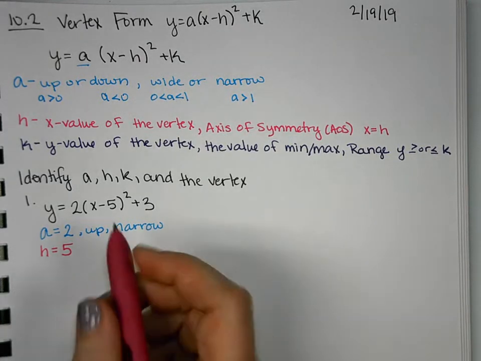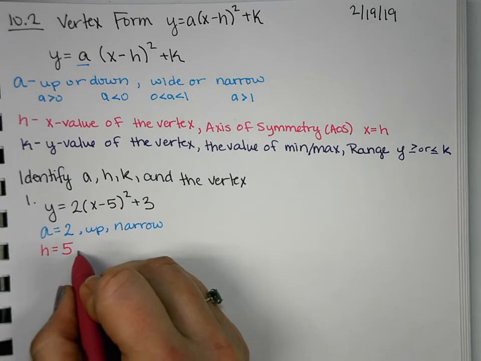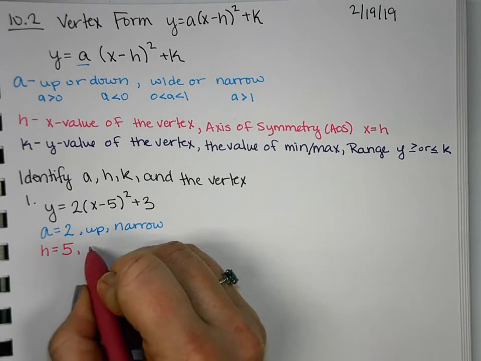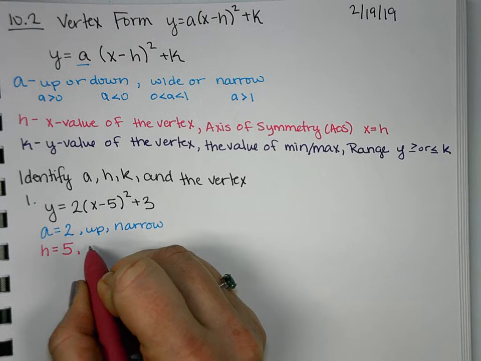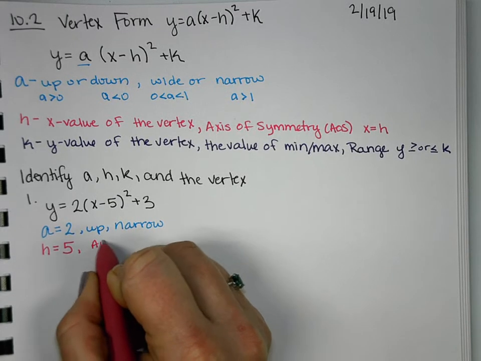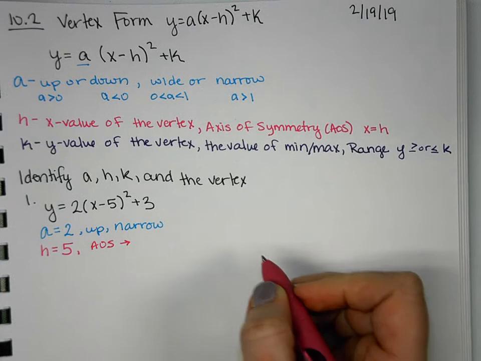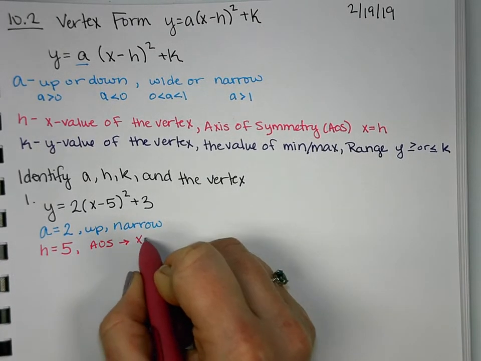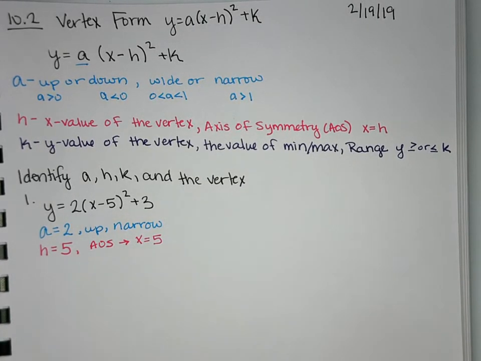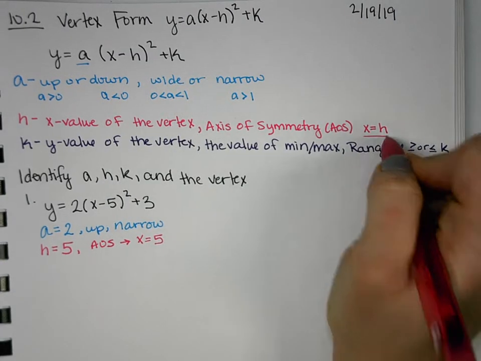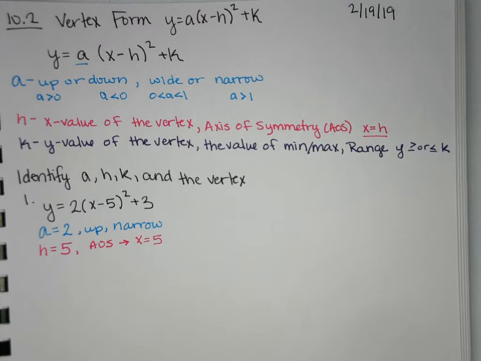Okay? So if h is 5, then what is our axis of symmetry? X equals 5. Okay, that's what h tells you. That's the equation x equals h for the axis of symmetry.